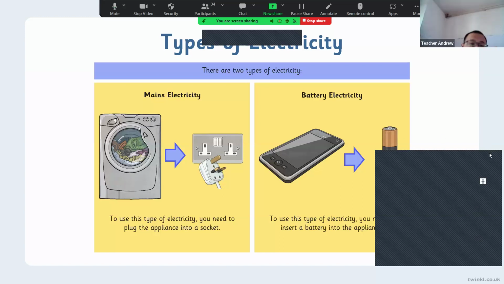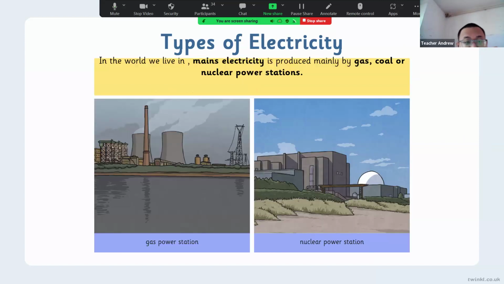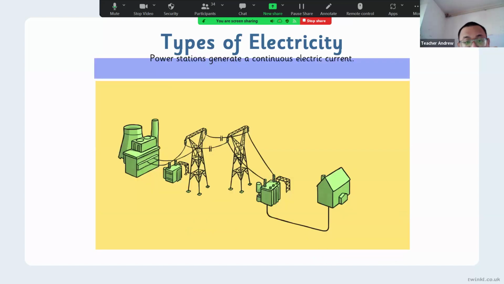So mains electricity is basically those plugs that are plugged into a power socket, whereas battery is basically those that use a battery to power the appliances, okay? In the world we live in, mains electricity is produced by gas, coal, or nuclear power stations, wind turbines, hydroelectricity, and solar panel power stations.